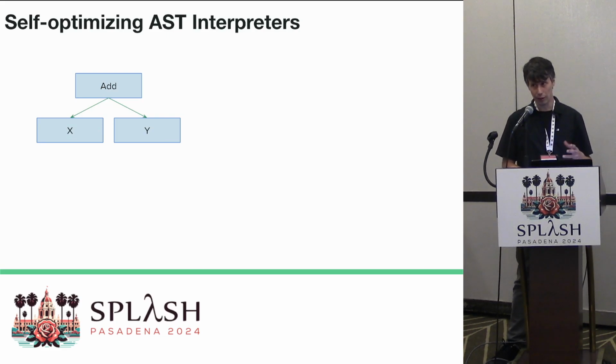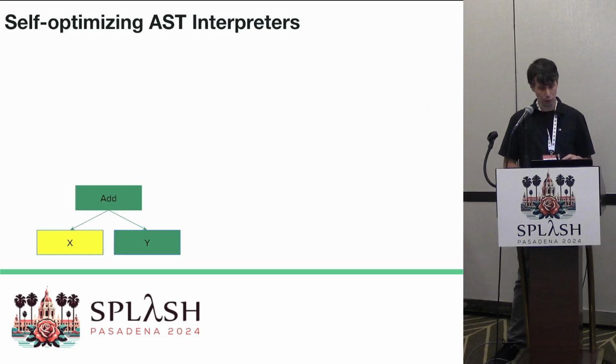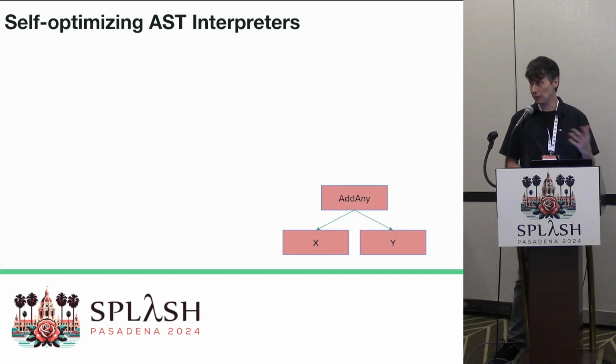So we start with empty feedback for this node, for example, and then later we see yellow, so we rewrite the node to now be an integer node, and then we see something else. Eventually, the same thing happens, it gets polluted. So it's another approach, but the pollution is still there.